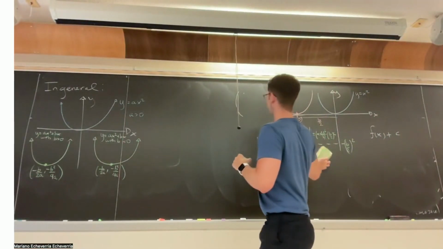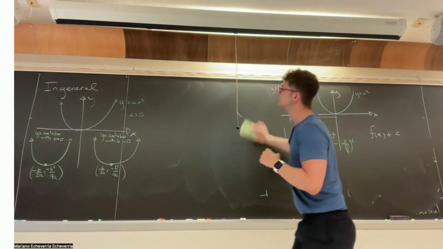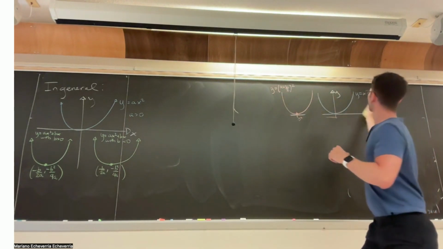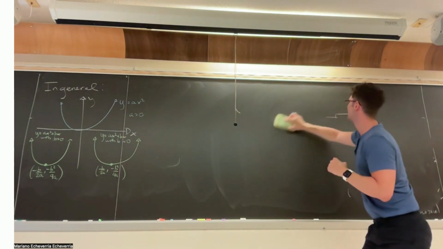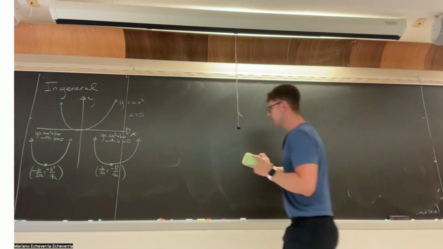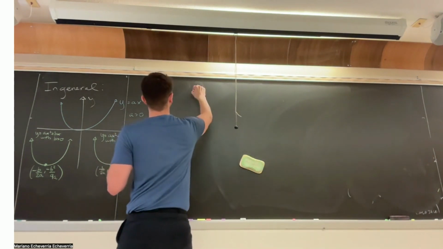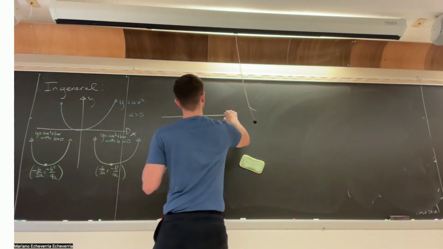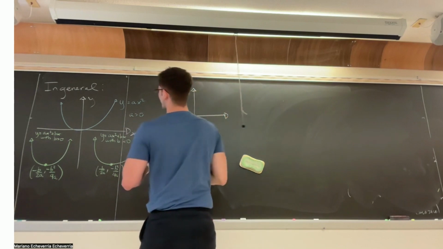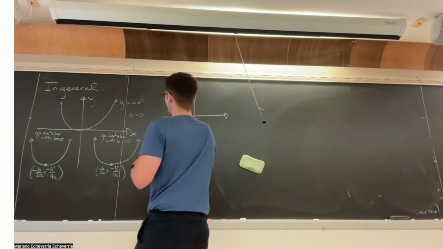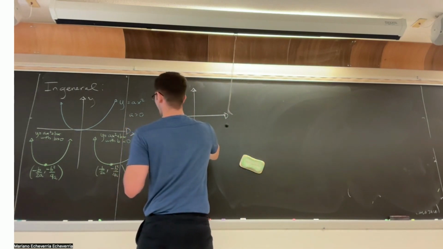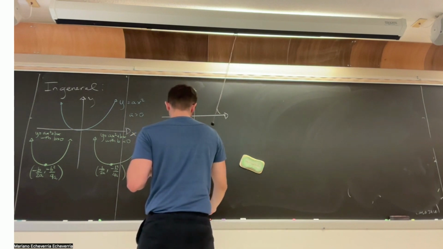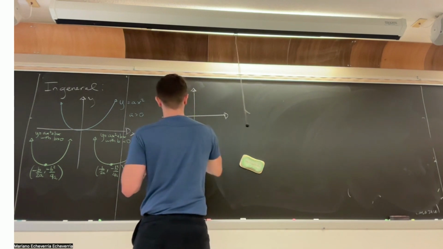Okay, and then if the parabola had been concave down. And then we have different colors, yes.